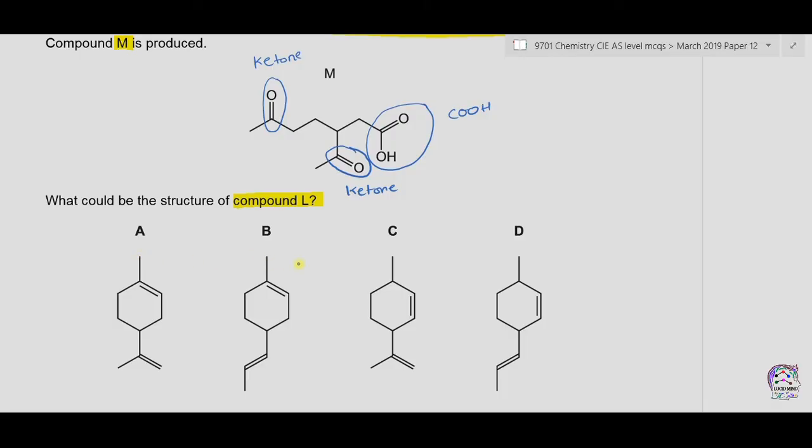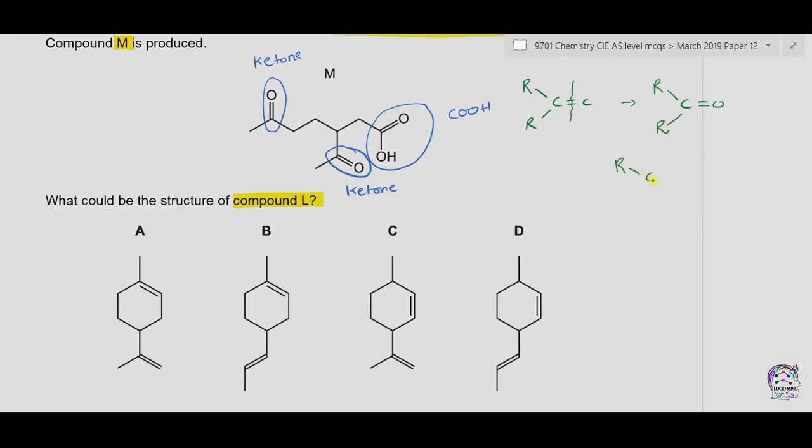In options A, B, C and D, we can see that there are 2 types of bond. One is single covalent bond and the other is double covalent bond. A single covalent bond is not oxidized by hot concentrated acidified potassium manganate. Only the double bond is oxidized. For oxidation of alkenes, you should remember: whenever an alkene has 2 alkyl groups on the double bonded carbon, this will convert into a ketone.